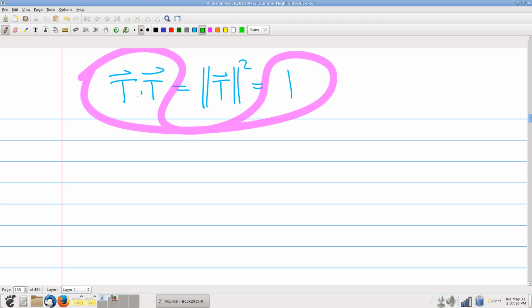Well, we have a dot product, and we're going to use the dot product rule. That gives me dT/ds dot T plus T dot dT/ds. That's just using the dot product rule on the left side of the equation, and that equals the derivative of 1, which of course is 0.